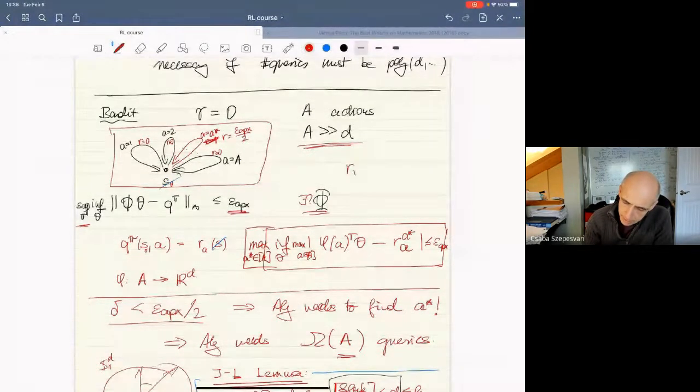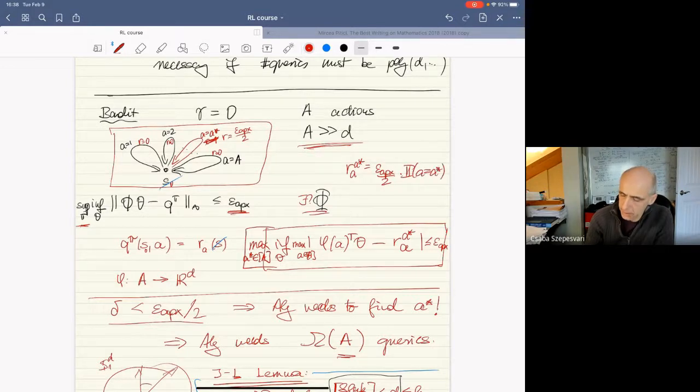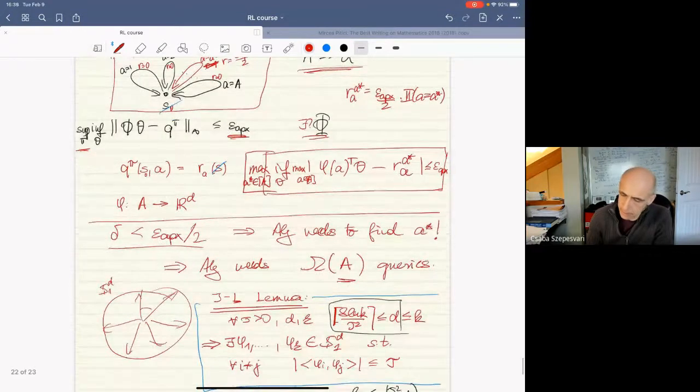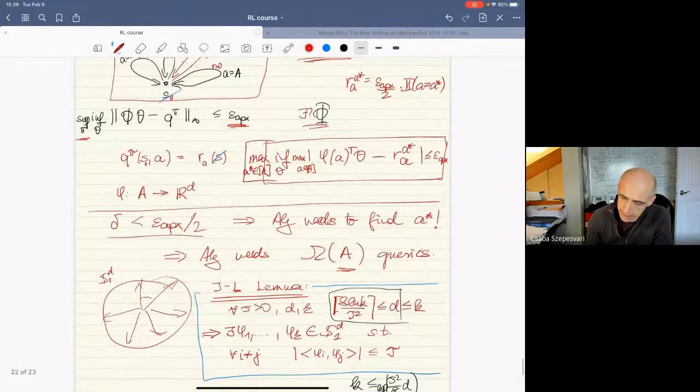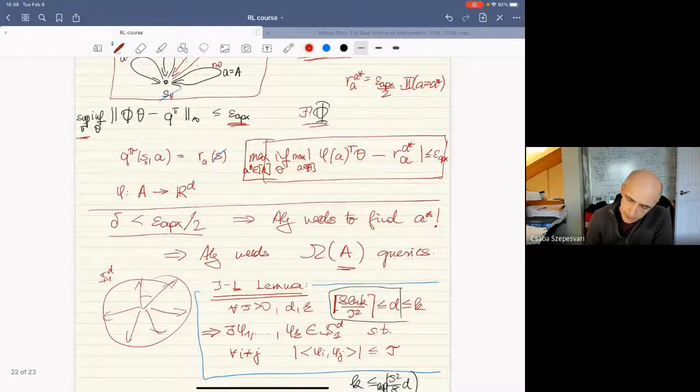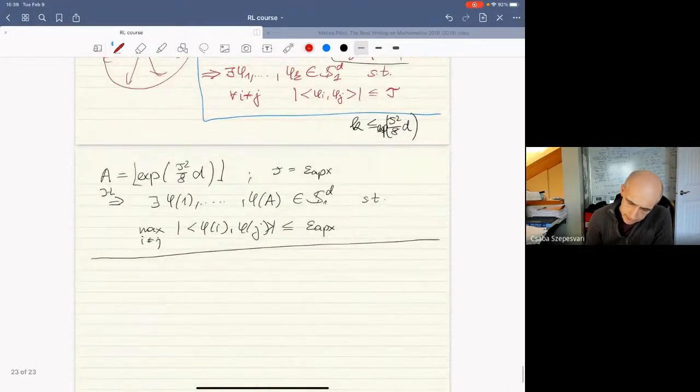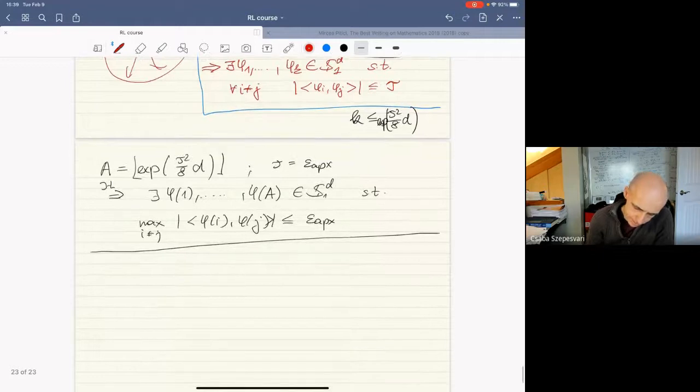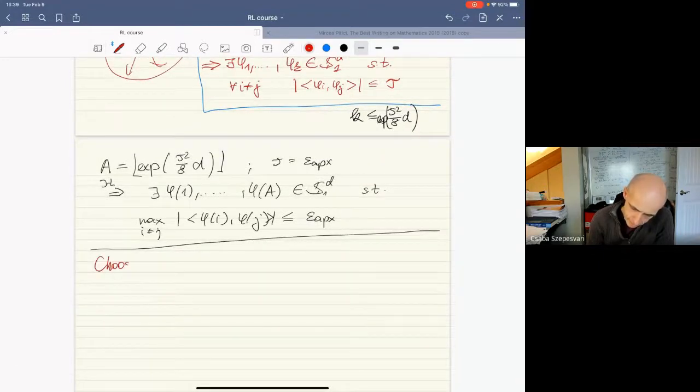And so these reward functions are just this epsilon times an indicator of whether A is equal to A star. So it's this needle in a haystack type of thing. So choose an A star.